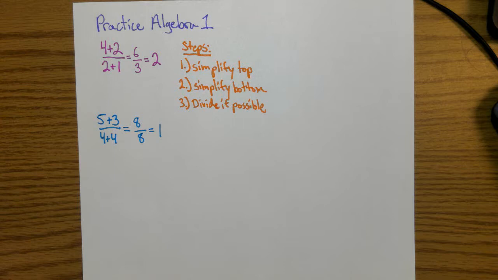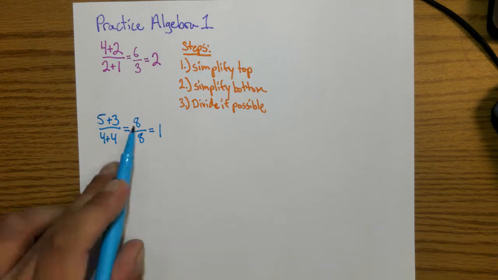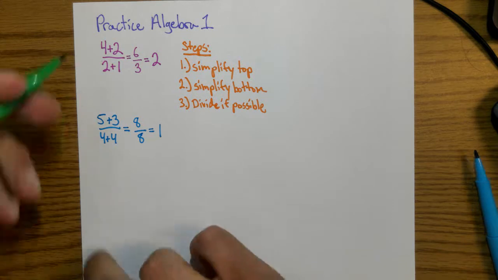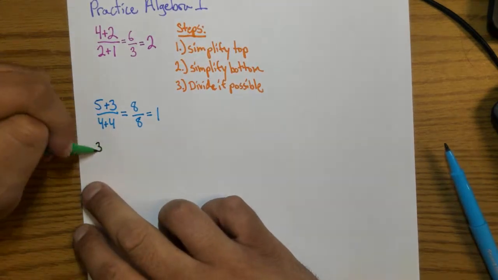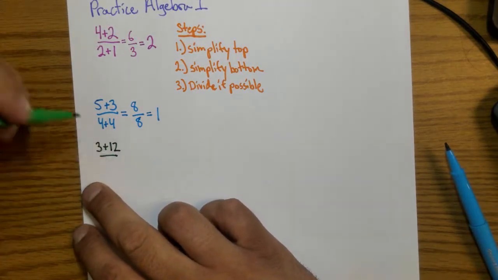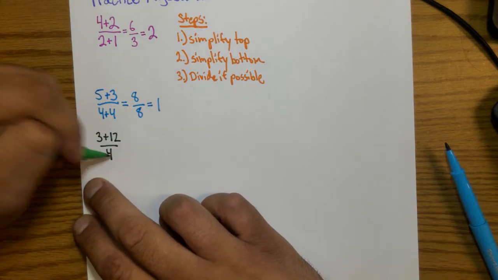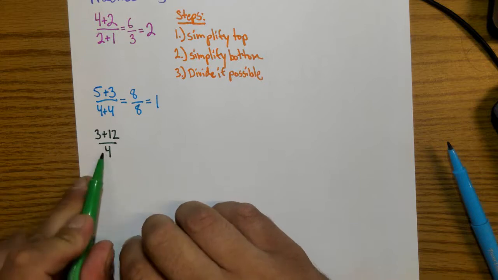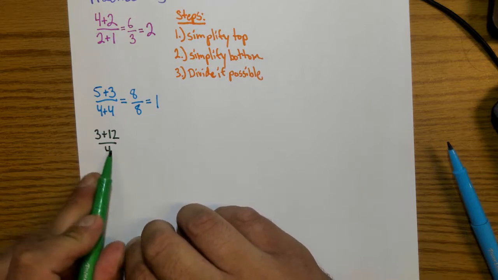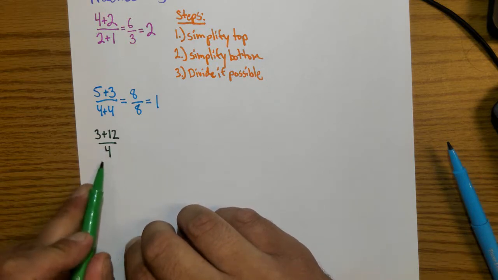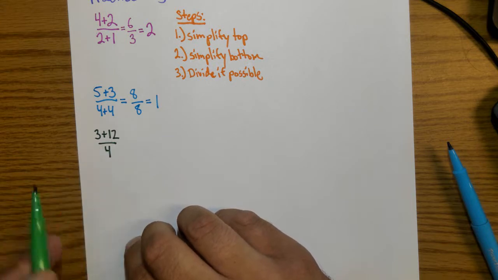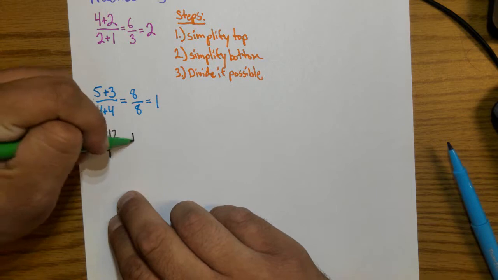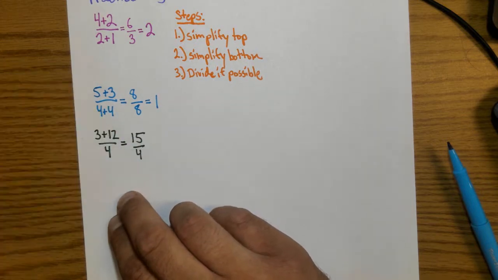Now let's try one where we can't divide, because all of these we've been able to divide up until this point. So now let's say we have 3 plus 12 divided by 4. Notice here the bottom is already simplified for us, so we just simplify the top. 3 plus 12 gives us 15 divided by 4.